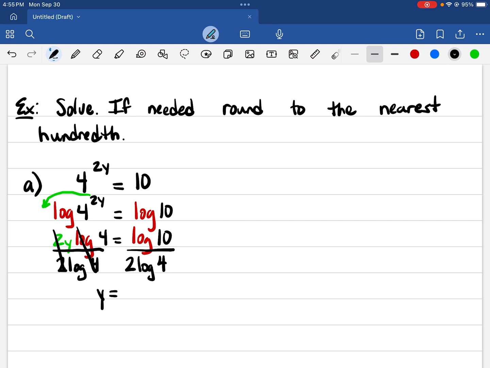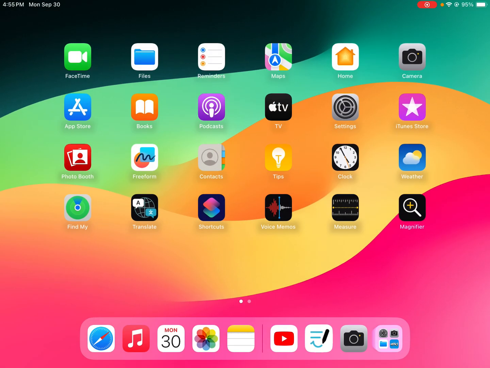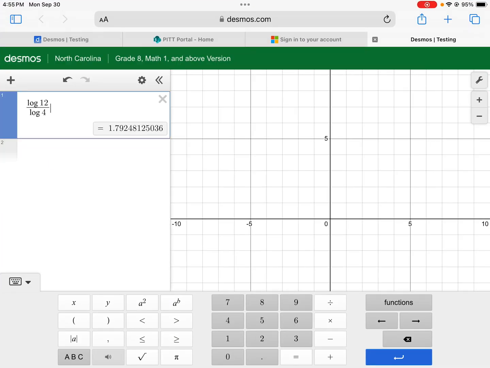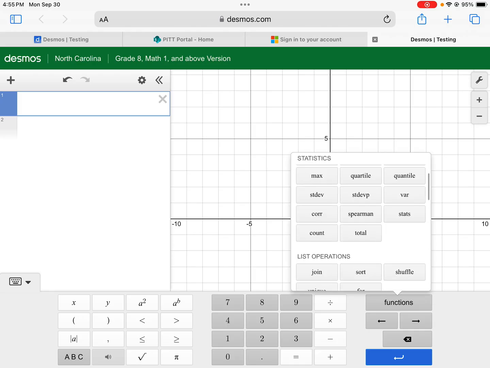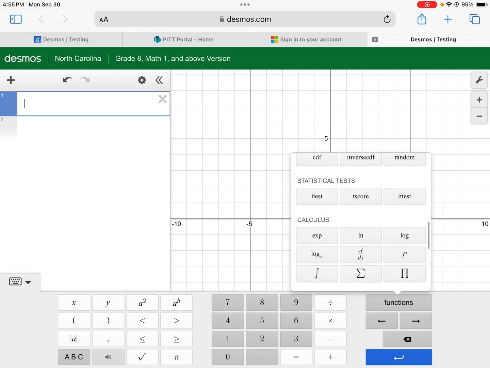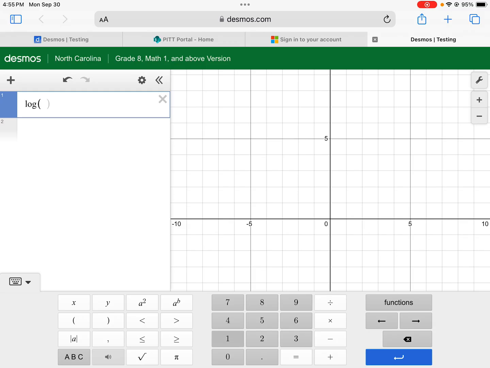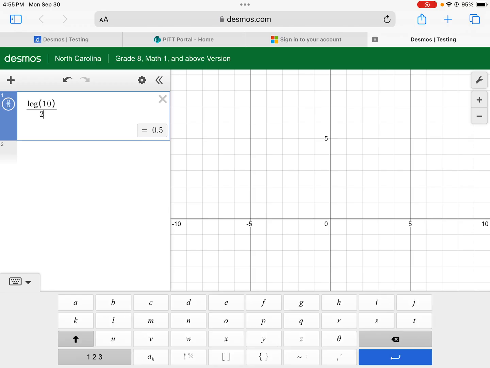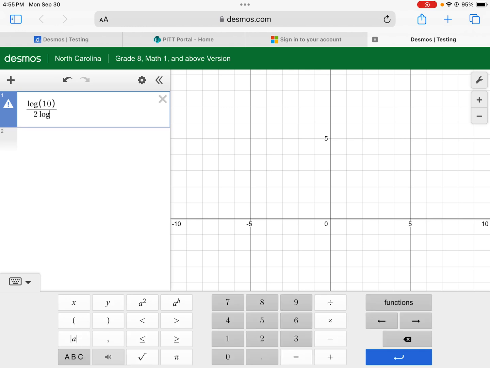And then we can go to our calculator, we can go to Desmos and type in log 10 divided by 2 log 4. Log 10, close the parentheses, divided by 2 log 4.